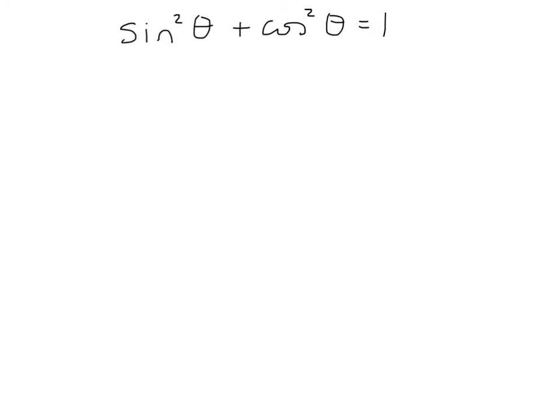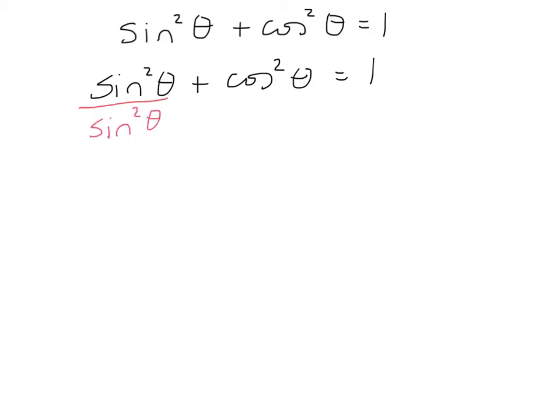So what I'm going to do is start with that, and I'm going to take this Pythagorean identity and divide everything through by the sine squared of theta. So I'm going to divide all three terms by the sine squared of theta. And then I'm going to simplify or convert this.